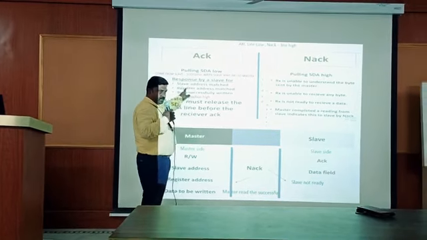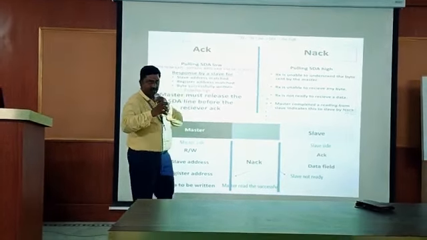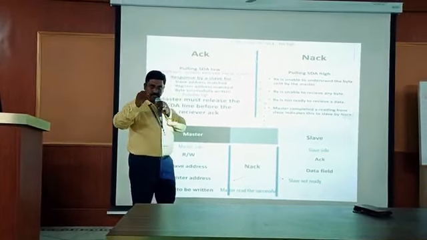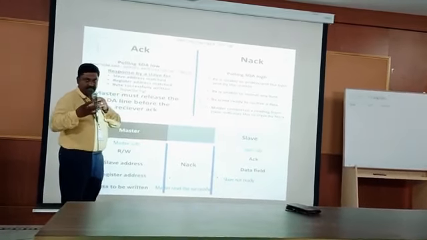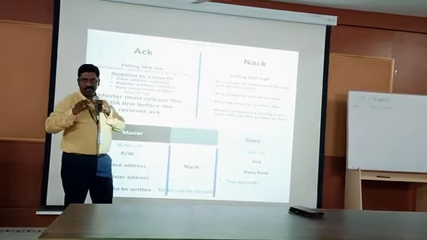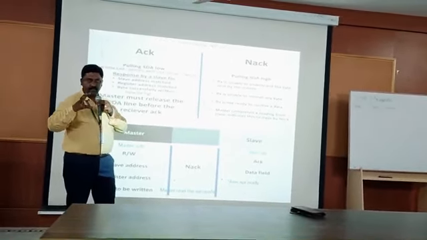Once the slave address is matched, the slave will send acknowledgement to the master. Then once the register address is matched in the slave, the slave will send acknowledgement to the master. Then once the byte is written successfully, it sends an acknowledgement signal.